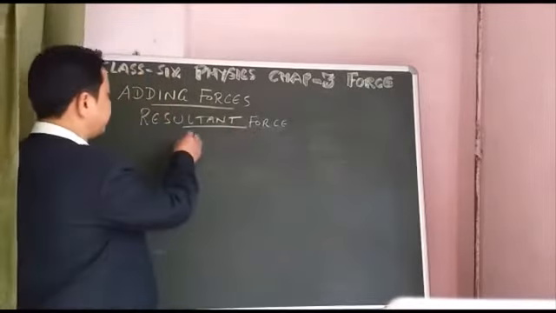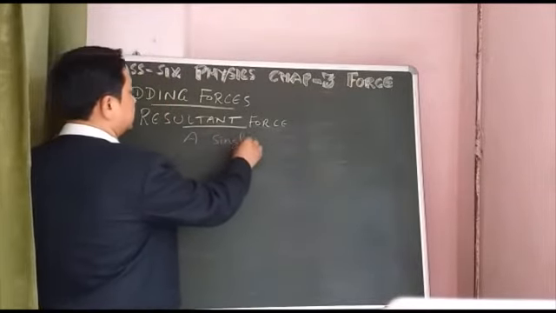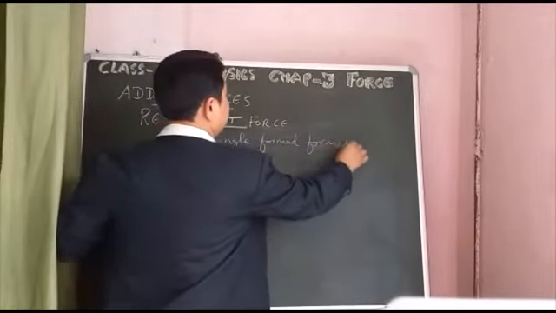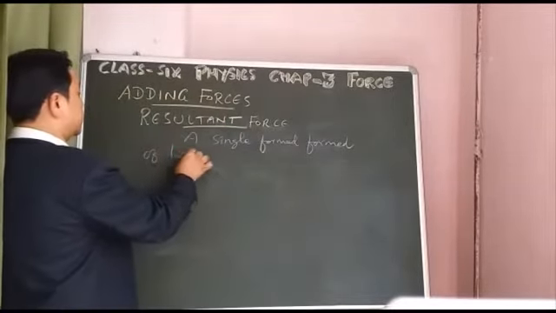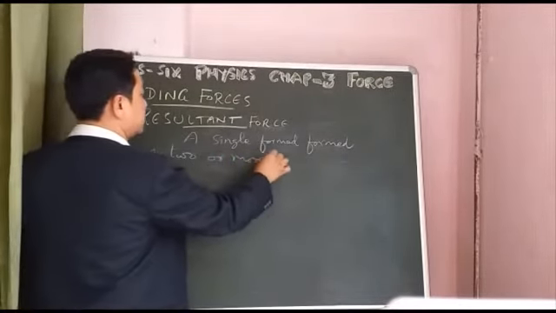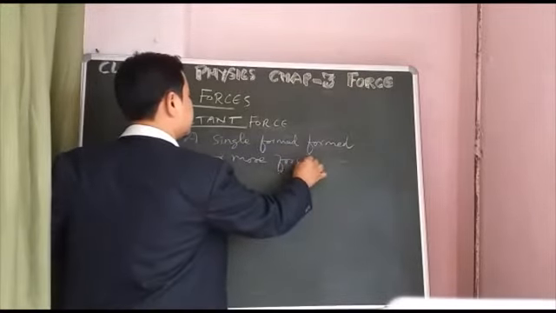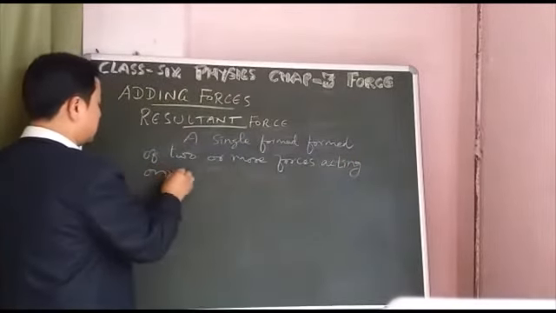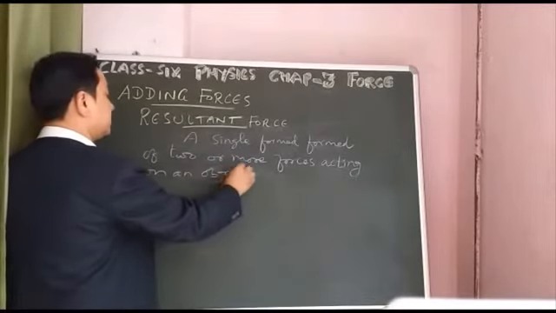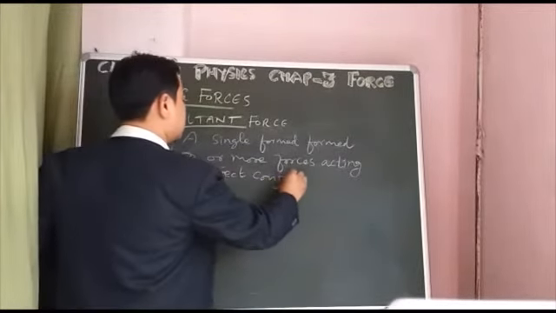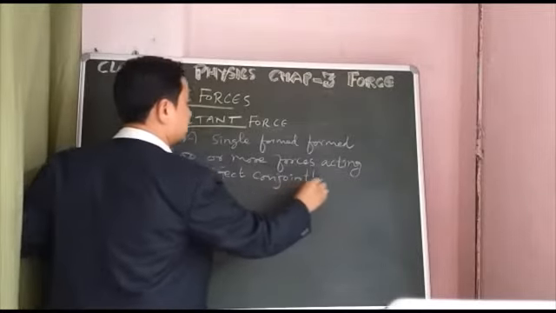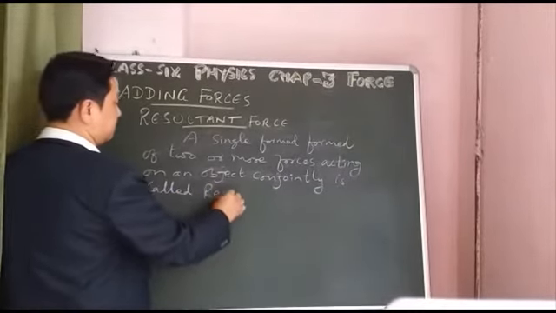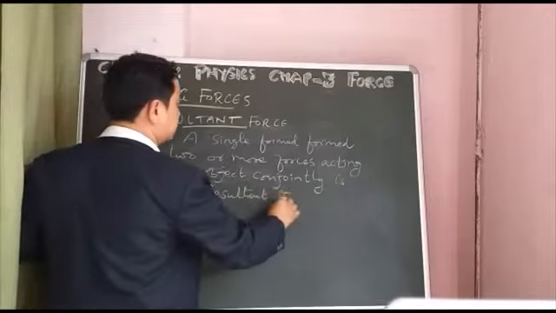Okay, let me write it once. A single force formed of two or more forces acting on an object conjointly is called resultant force.